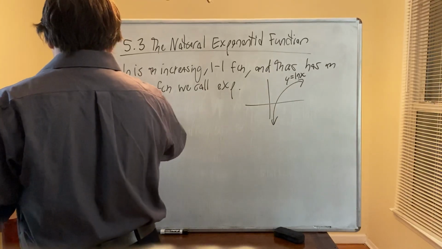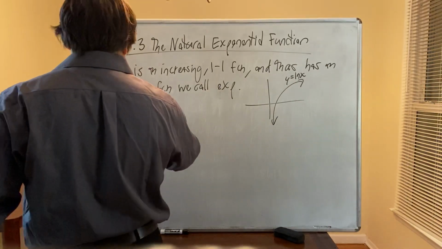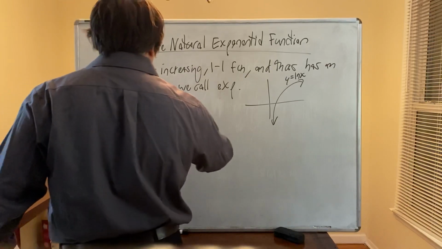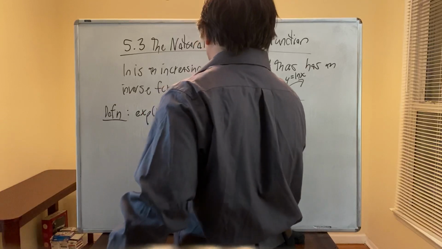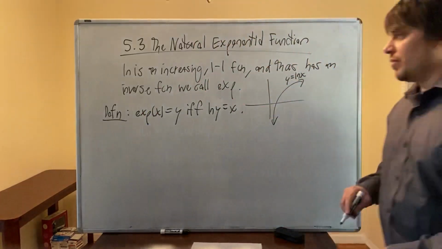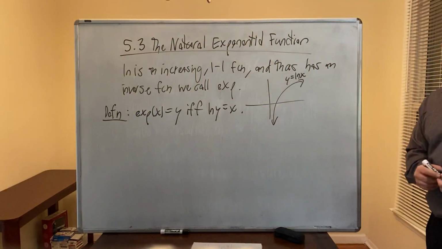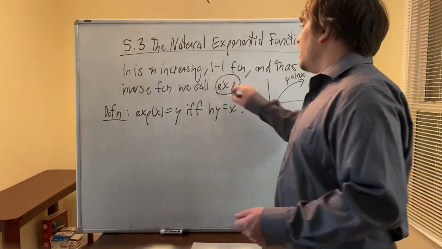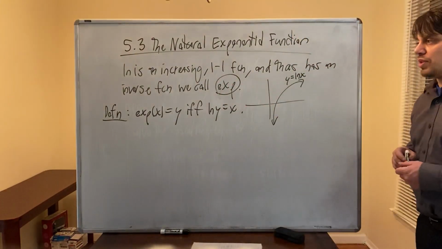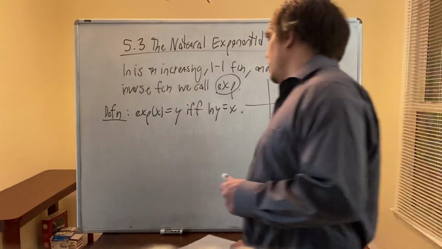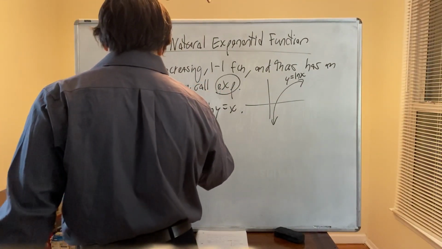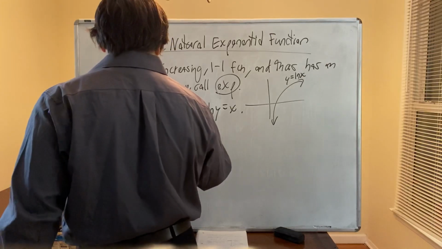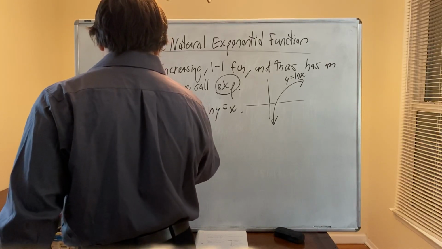So the definition for exp is that exp of x equals y if and only if ln of y equals x. Okay, so that's how we define this function we call exp. Exp is just the inverse function of ln. Okay, so what does that mean? So let's say we have x and we have y, right? Exp is a function that maps x to y.